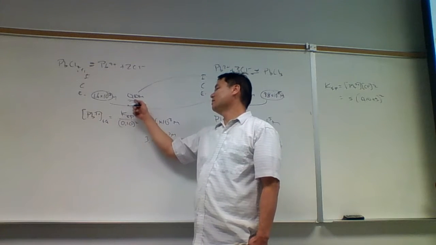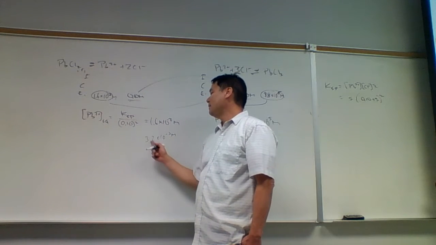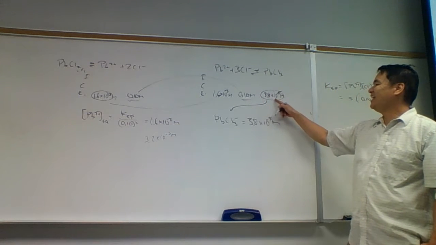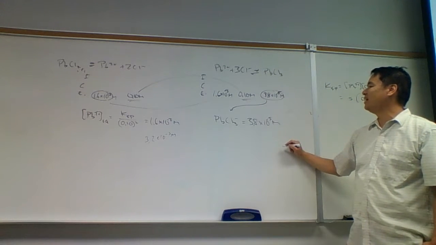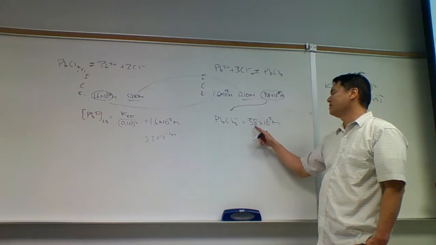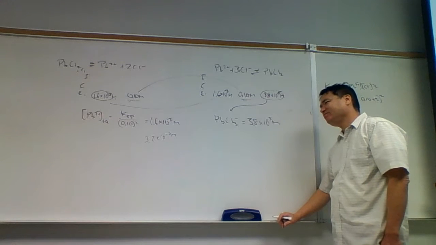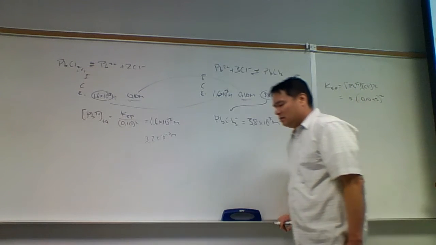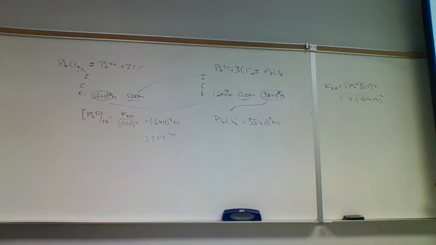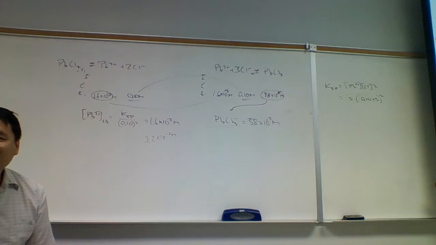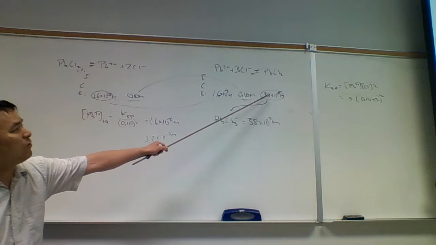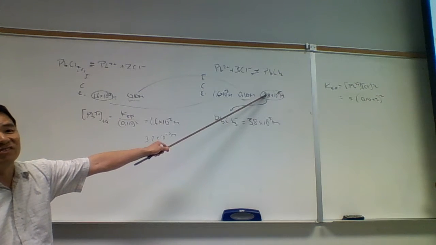And this 0.10 came from the HCl, so maybe that's it, but no, it isn't, because if we have 3.8 times 10 to the minus 5, we need 3 times that in chloride. So what's 3 times 3.8? About 12, times 10 to the minus 5. Where did the chloride for this come from? Can you tell me?